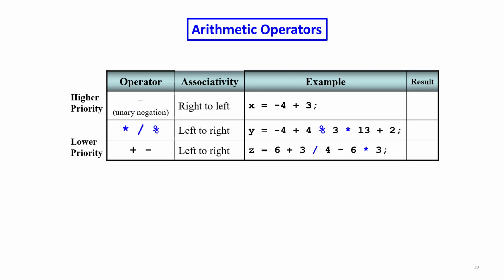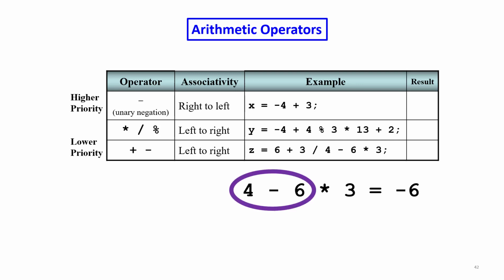Multiplication, division, and modulus are binary operators, as are addition and subtraction. All five only work with two operands. But in an expression like this, the question is, in what order are these operations performed?